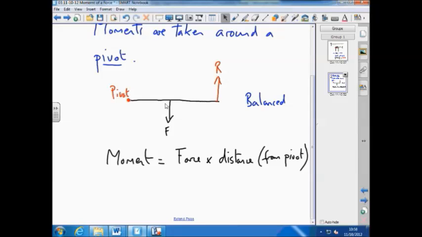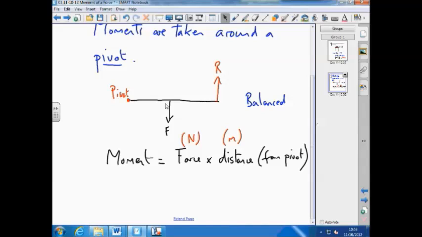The unit is the unit of force, newtons, times the units of distance, almost invariably meters. So we would measure moment in Newton meters.